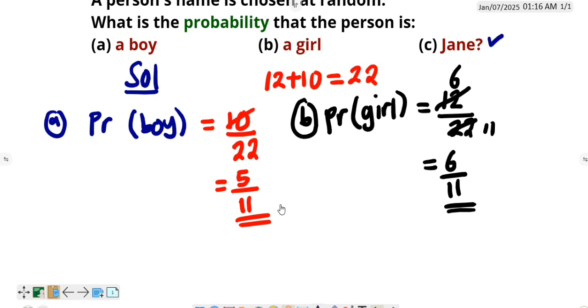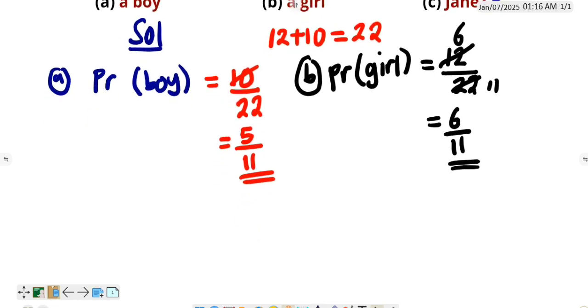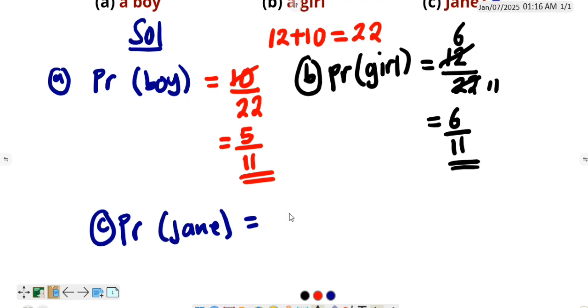So this is how we're going to write our answer. We are answering for C, the probability of picking Jane. So we have 1 over, what is the total number of outcomes? It's 22. So this will be the probability of picking Jane. So we have answered our 3 questions.